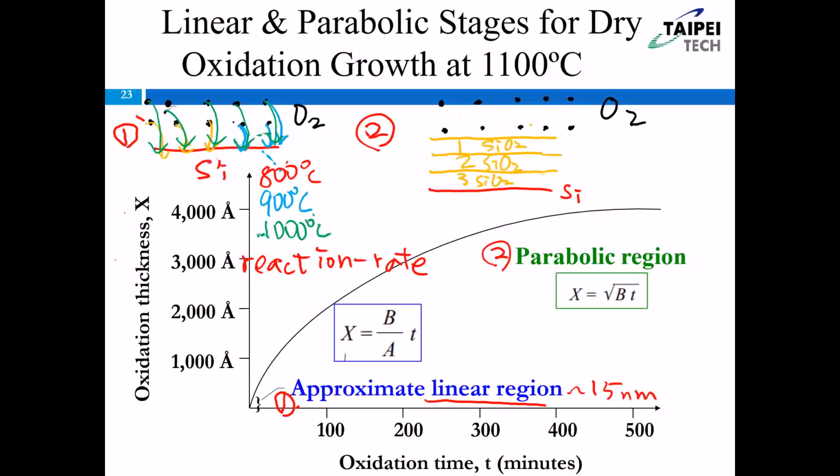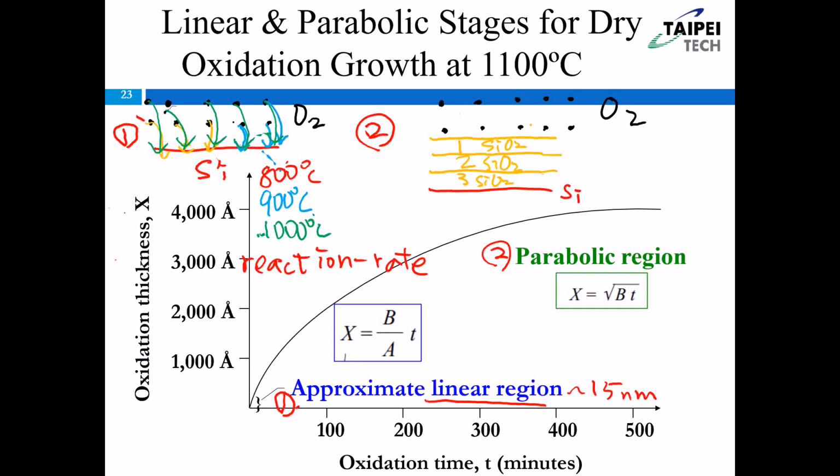Because we have the block layer, we have 3 layers of silicon dioxide acting like a blocking layer. So the oxygen cannot come into contact with the silicon surface here, right?